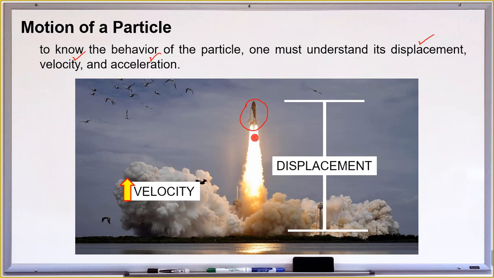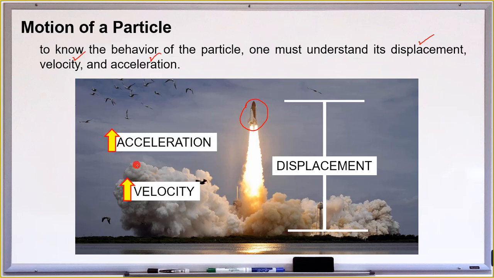Escape velocity is needed to escape the Earth's gravity. If we cannot achieve it, we cannot leave the Earth's gravitational field, so we cannot explore the other planets.